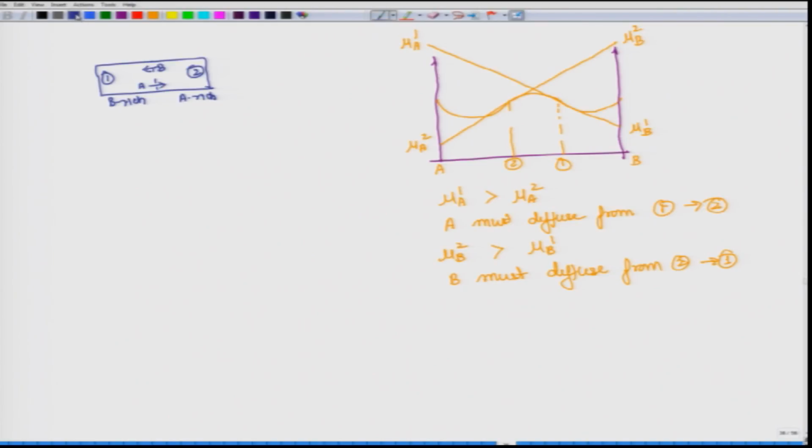It means that in both the cases movement or diffusion takes place along chemical potential gradient.